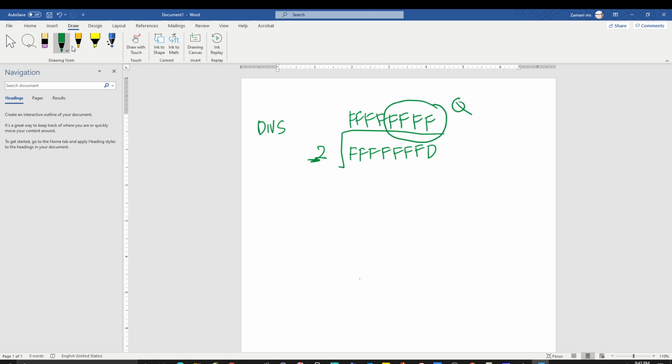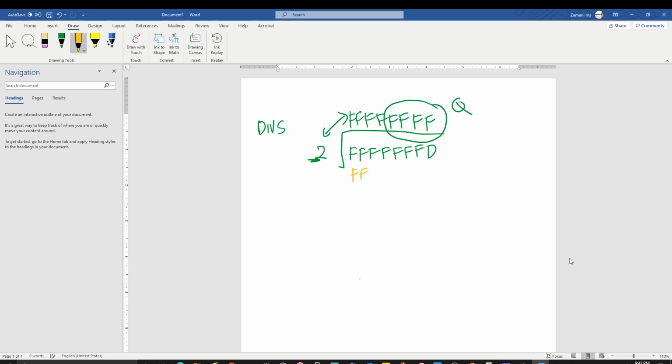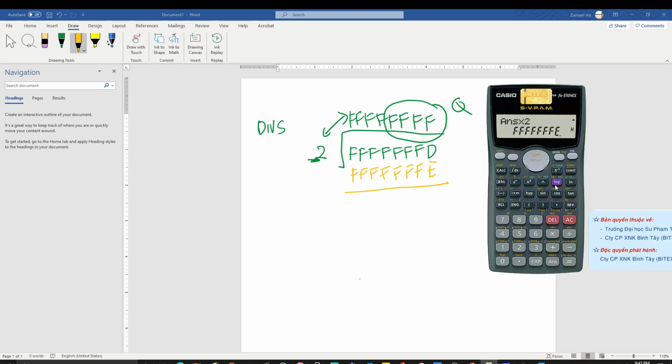And now this value multiplied by this value, you can get what answer? To get the remainder. So this value is going to be multiplied, times 2. So the answer times 2, you can get the value FE. So you minus out this one.